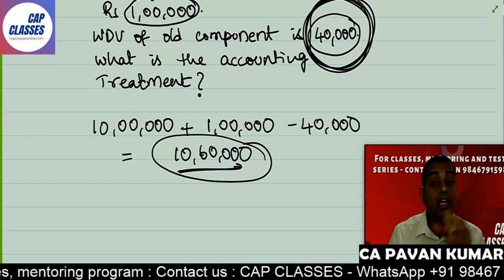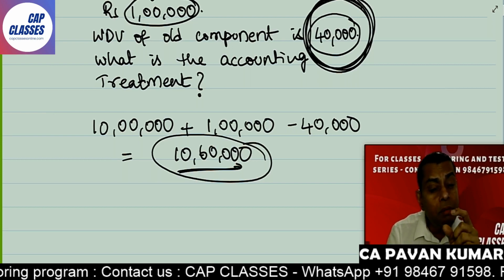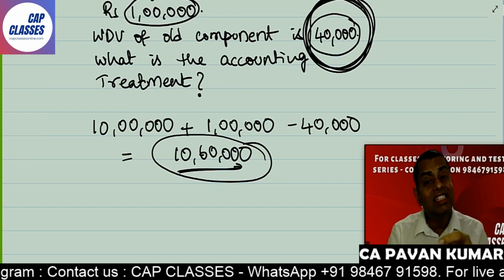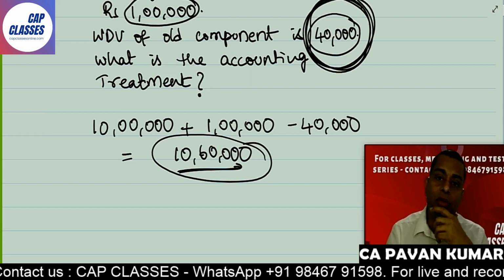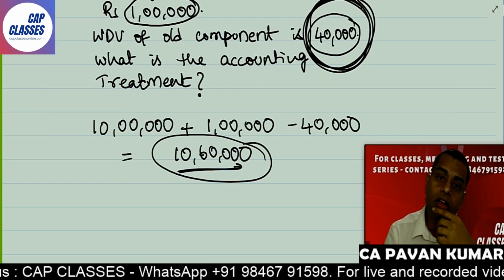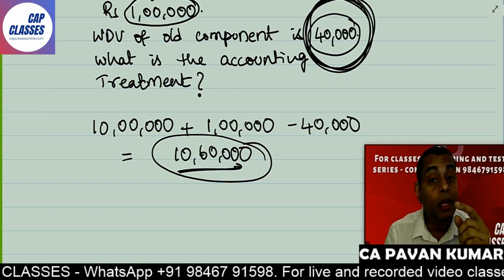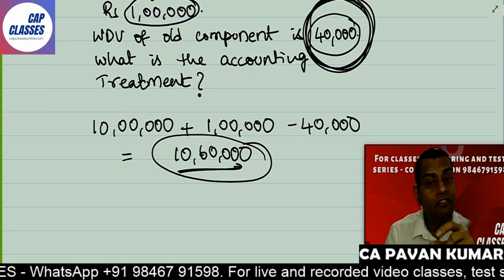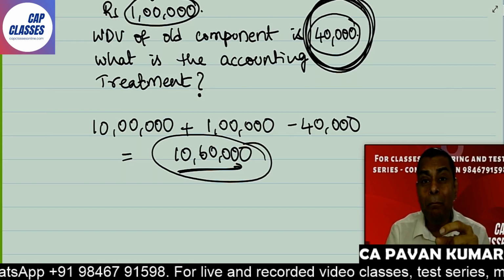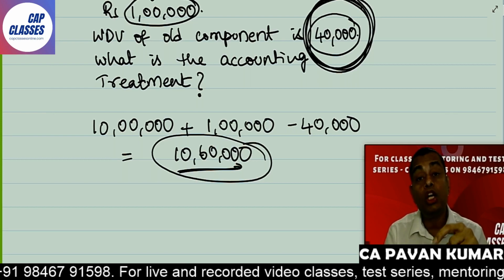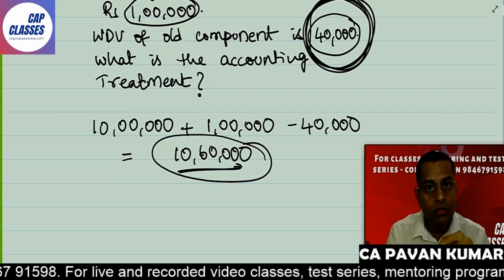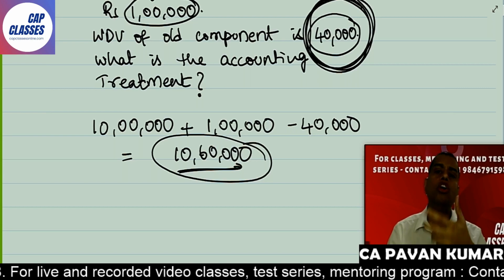Assuming that means the cost of new component will be taken as the basis for valuing old component WDV. The cost of new component 1 lakh will be taken as the basis to calculate the WDV of the old component.